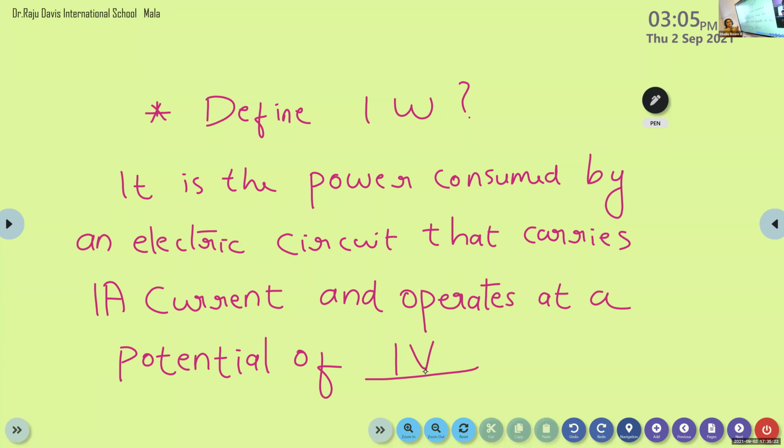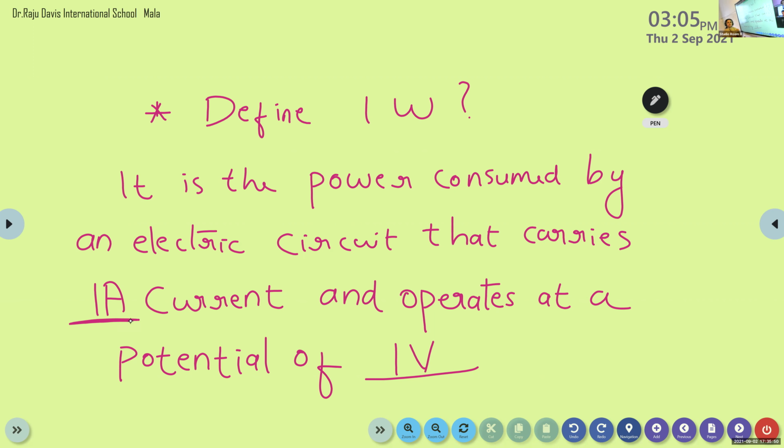Okay, because power is the product of voltage or potential into current. So we can define 1 watt. 1 watt is equal to 1 volt into 1 ampere. That is, it is the power consumed by an electric circuit that carries 1 ampere current and operates at a potential of 1 volt.